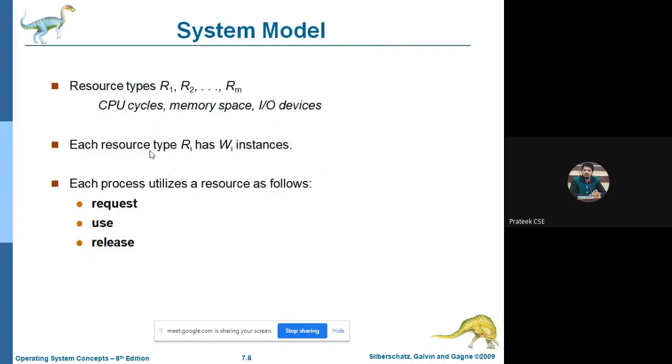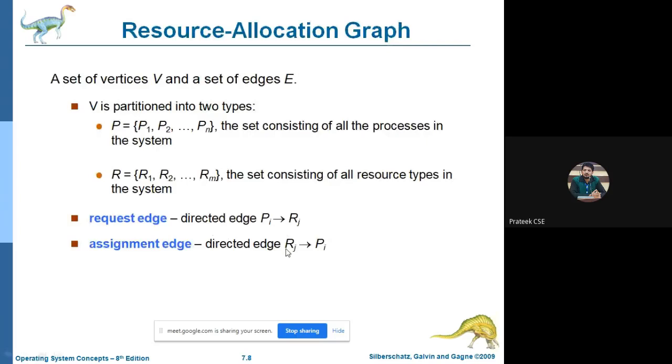So first of all, the process will request for that particular resource. So जब भी process request करेगा, this edge will be known as request edge and this will be a directed edge. So PI requests for resource RJ.